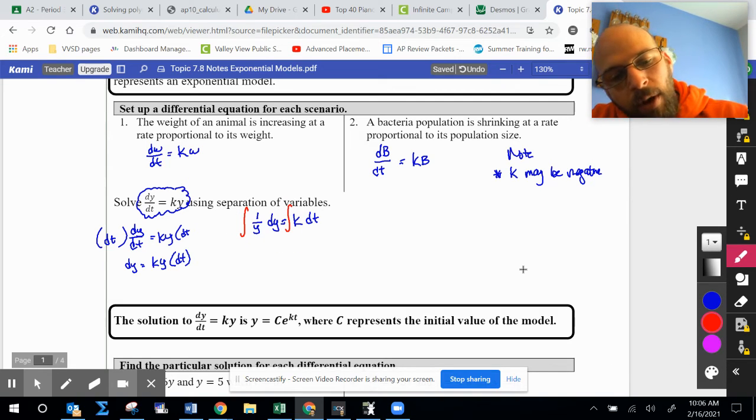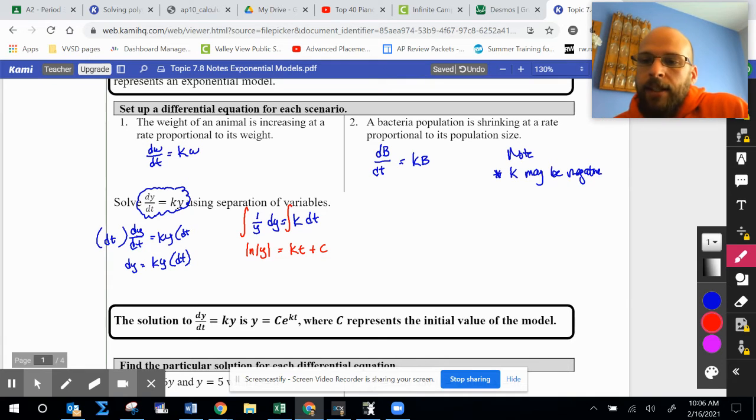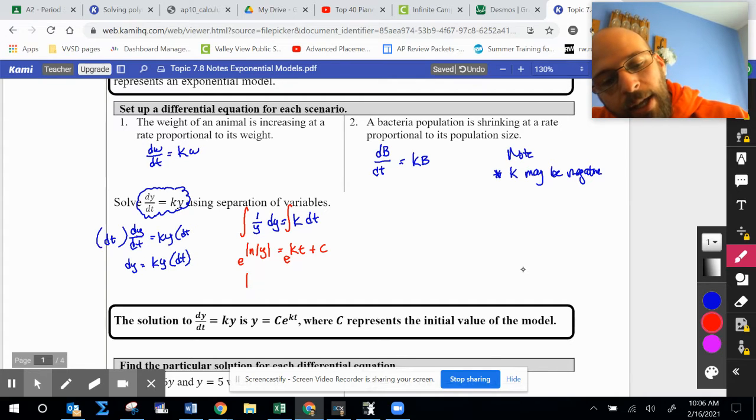The antiderivative of 1 over y is the natural log of y, equals the antiderivative of k. Well, k is a constant, so I'm going to get kt. And don't forget your plus c at the end. Now, they did not give me a point. In some of the future problems, we will, so we'll find out what that constant is. But if we do this, we're going to get rid of our natural log using base e. So I have the absolute value of y equals e to the kt plus c, now in my exponent.